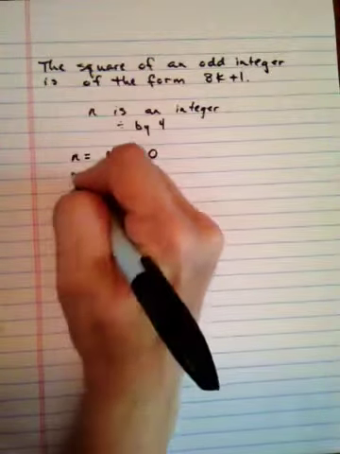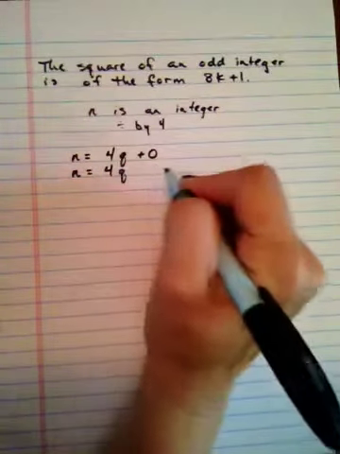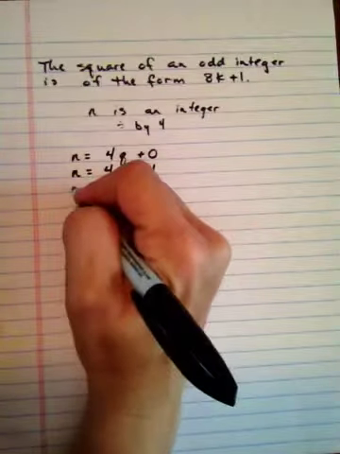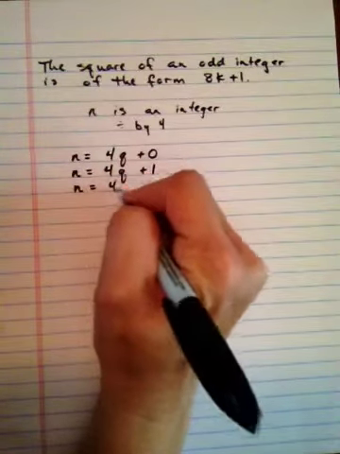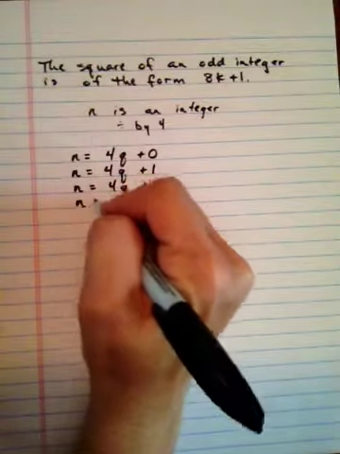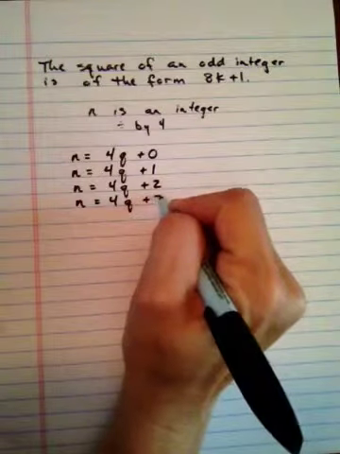Or it could be that n equals 4 times the quotient you get, and then there's a remainder of 1. It could be n equals 4 times the quotient with a remainder of 2, or n equals 4 times the quotient with a remainder of 3.